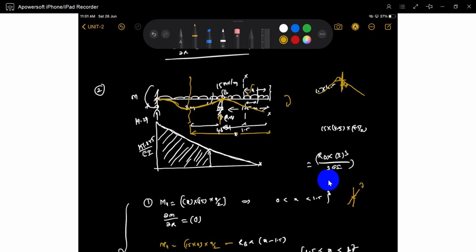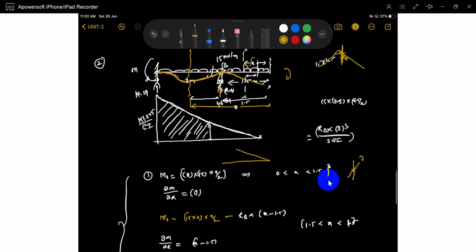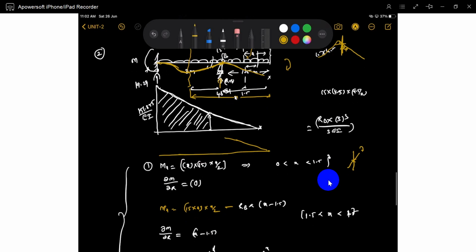You can also try the bending moment diagram easily. It is 0 up to this value, later it will go by decreasing, and then because the reaction is happening, it will go by increasing.